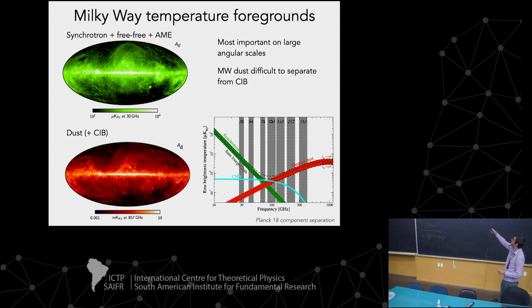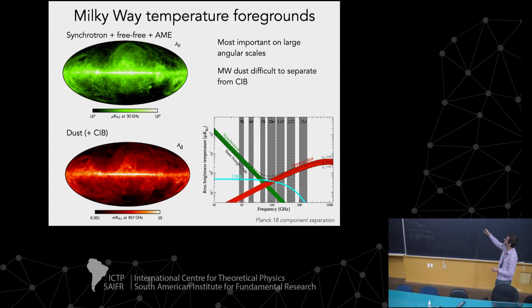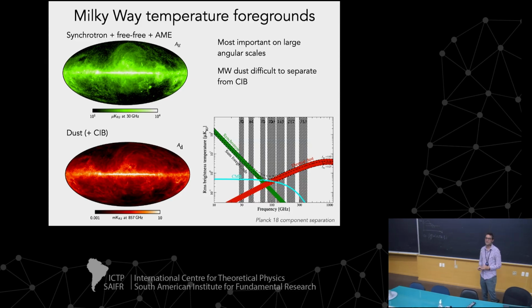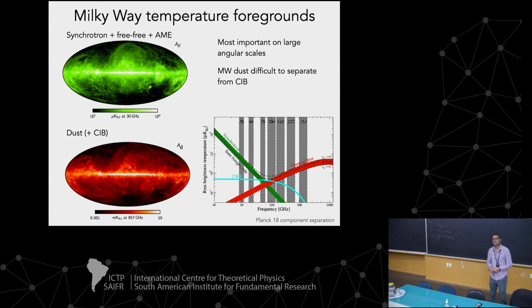However, the reason why this map says dust plus CIB is that these are both thermal dust emission, and so it's actually pretty hard to distinguish Milky Way dust from extragalactic dust. Something that helps is you can look at your CIB properties as a function of galactic latitude. If you find that they change a lot, it means that your CIB map was pretty contaminated by the Milky Way.